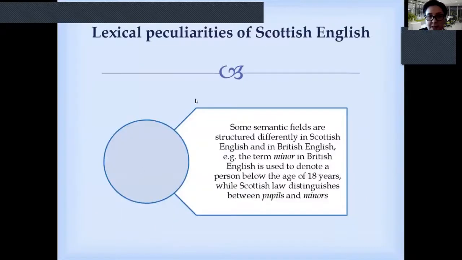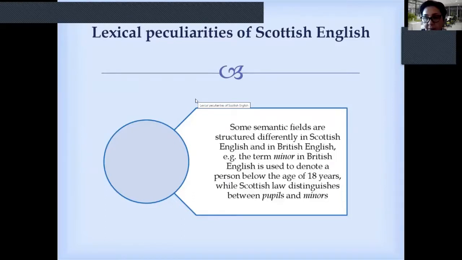So, speaking about lexical peculiarities of Scottish English, it has many differences. Some semantic fields are structured differently in Scottish English and in British English. For example, the term minor in British English is used to denote a person below the age of 18 years.